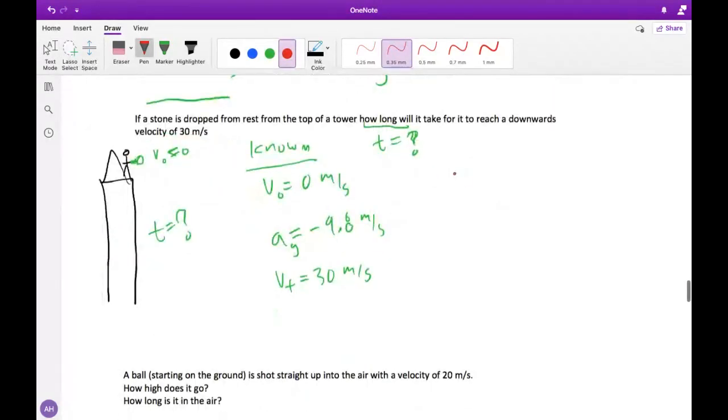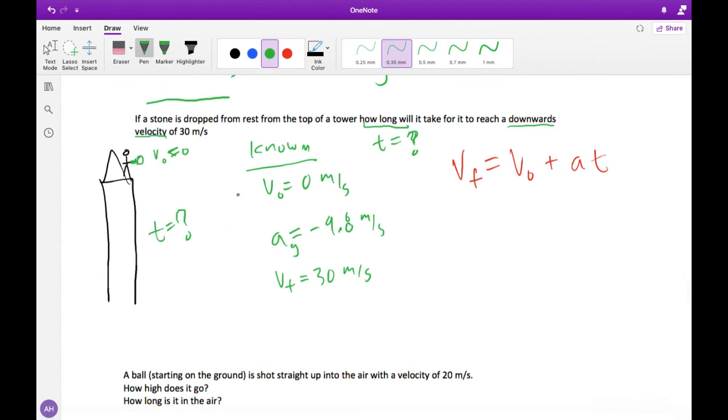So writing that again, equation 2 says v final equals v initial plus a times t. And I almost missed that it asks for how long it takes to reach a downwards velocity of 30 meters per second.